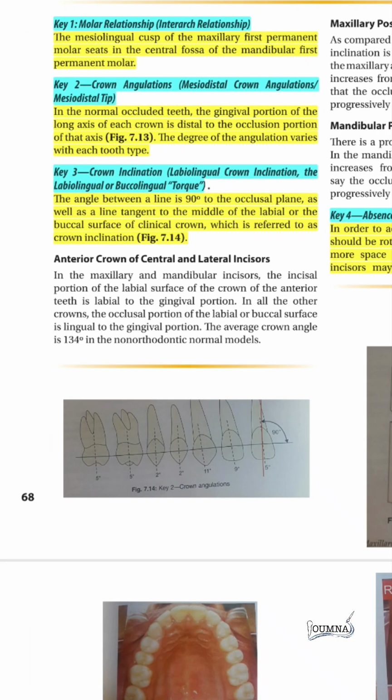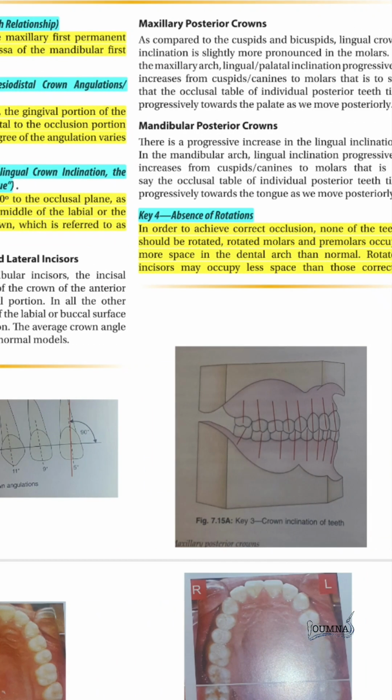So this is the key 4 of normal occlusion, and this inclination is what we see as a whole, the curve of Spee. Each tooth has a specific inclination toward the distal.